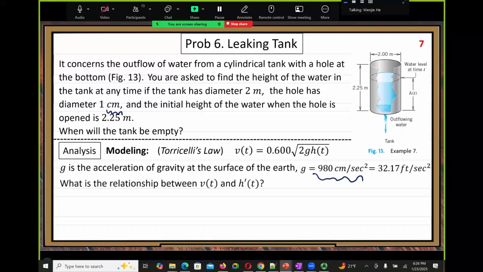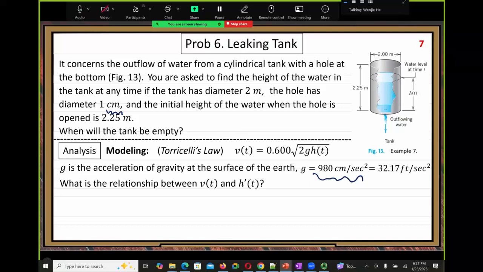Next, what is the relationship between the velocity function v of t and h prime of t, the rate of change of the height? We know the height keeps changing, decreasing to 0, from an initial value of 2.25 meters to 0 at the end.